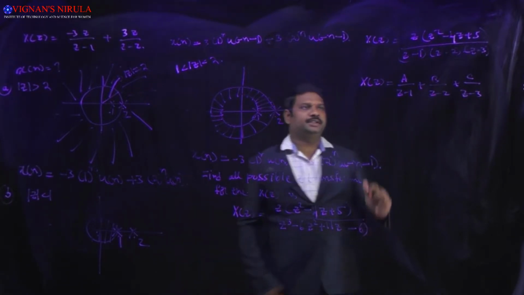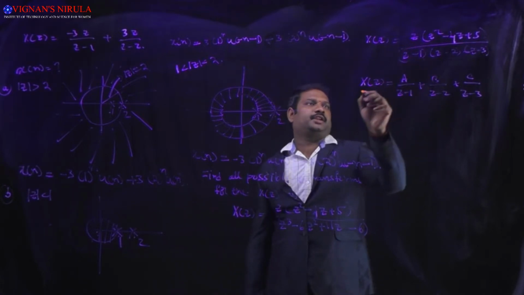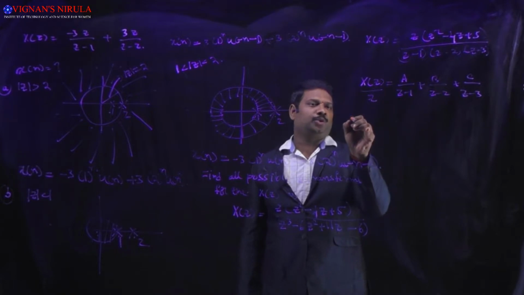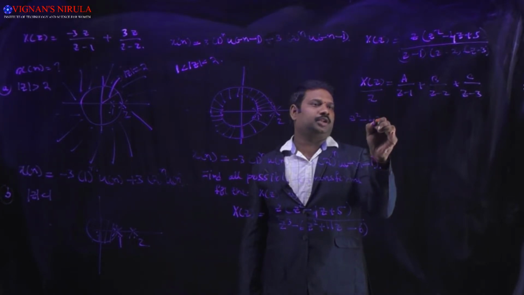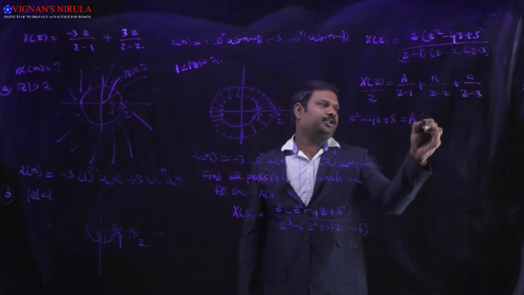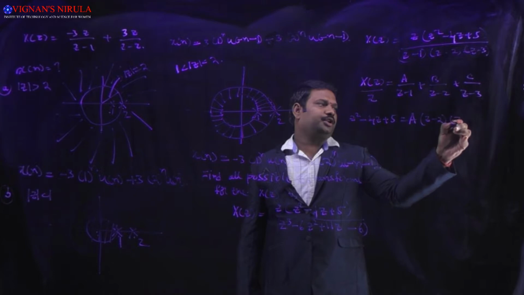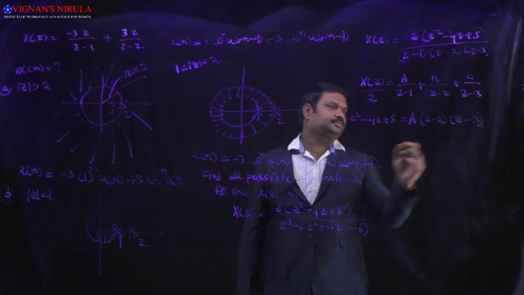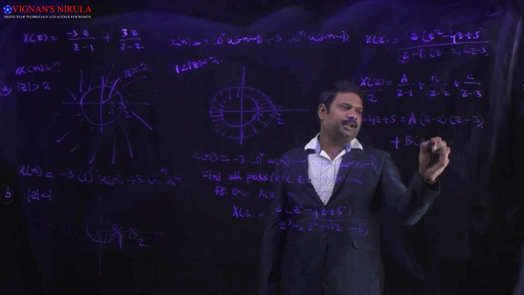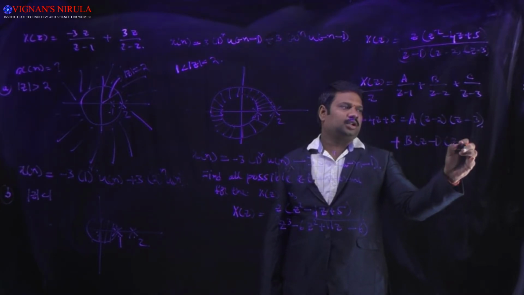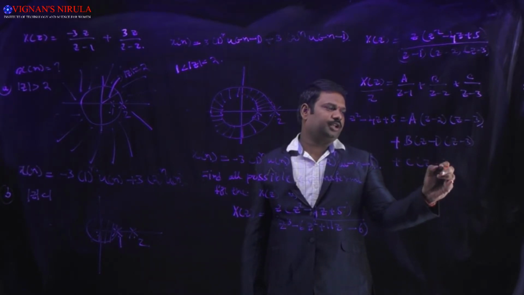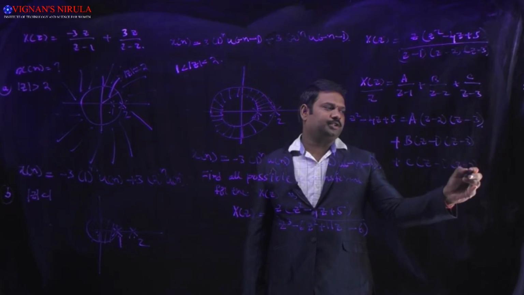Taking the denominator to this side, our numerator z square minus 4z plus 5 is equal to a into z minus 2 into z minus 3 plus b into z minus 1 into z minus 3 plus c into z minus 1 into z minus 2.